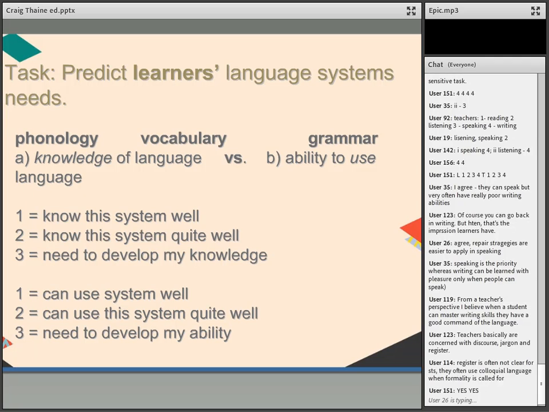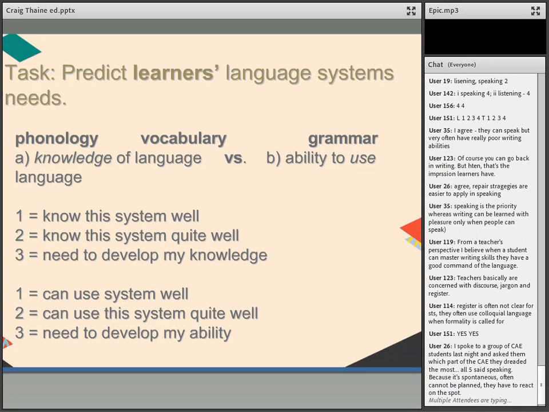In other words, what we might call explicit knowledge, what they know about phonology, what they know about vocabulary, what they know about grammar. And in contrast with this, I wanted them to consider their ability to use each of these language systems. So how confident were they in their ability to use phonology, vocabulary, and grammar? So what we might call implicit knowledge of these language systems.